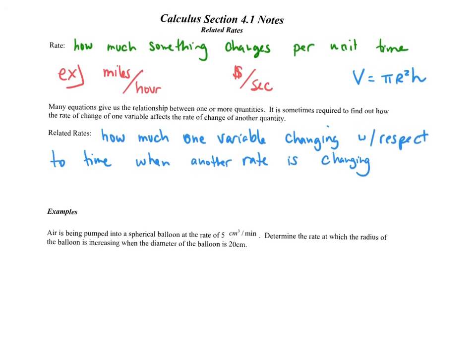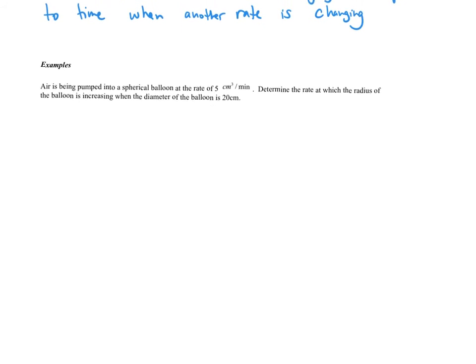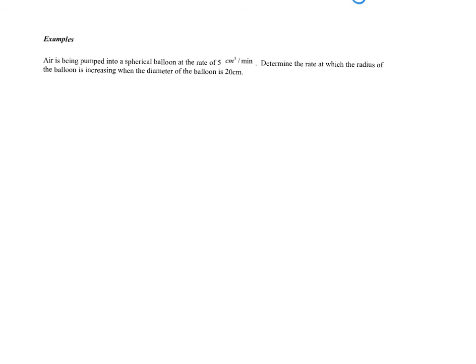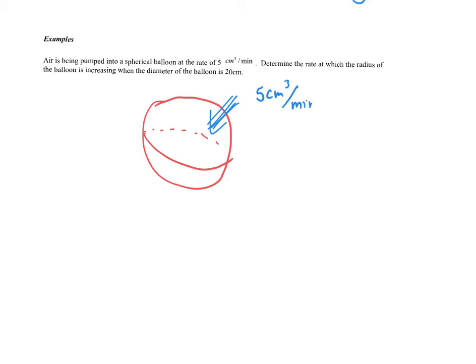So here is the first example, and we'll kind of just go through the steps. So this says air is being pumped into a spherical balloon at a rate of 5 centimeters cubed per minute. So we have a spherical balloon, not a very good sphere. So I am pumping air into this balloon at 5 centimeters cubed per minute.